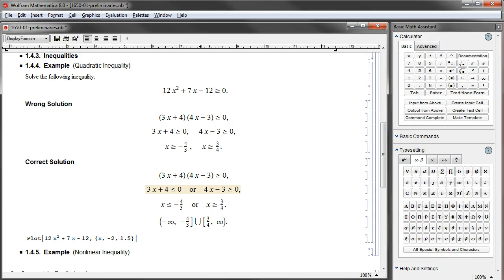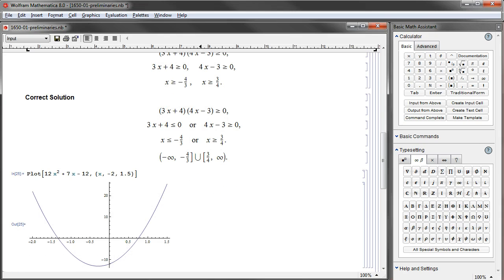Because I have to get positive times positive, kind of like that, in this kind of situation, or negative times negative, as in this kind of situation. So you have a union of two intervals like that, and you can see that by looking at the graph. As you can see, left hand side, right hand side, that's when this thing is positive.